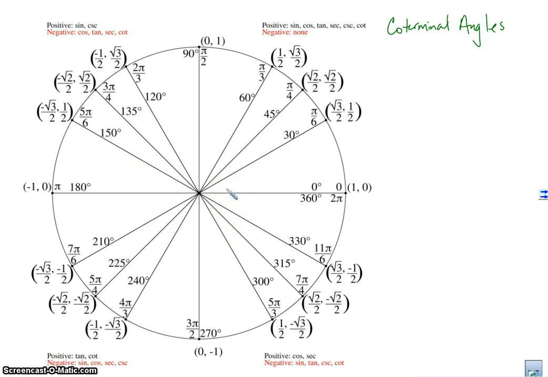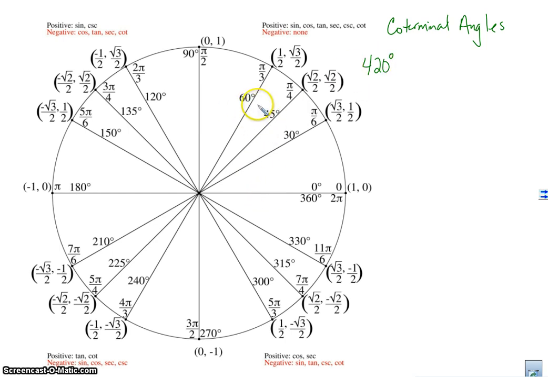If I had the angle 420 degrees, it is going to land on one of these parts in the unit circle if I keep going around. I go around 360, and then 60 more is going to be 420.